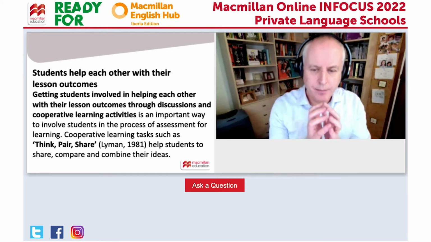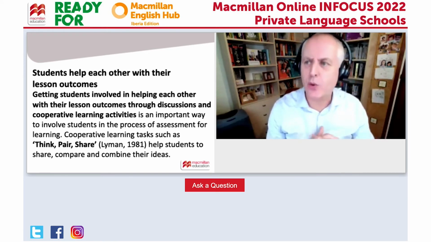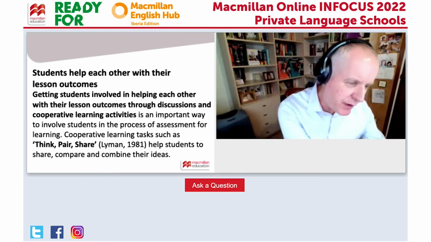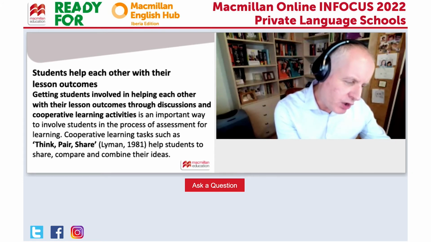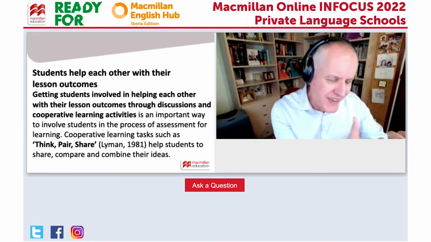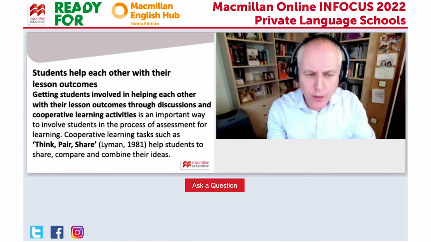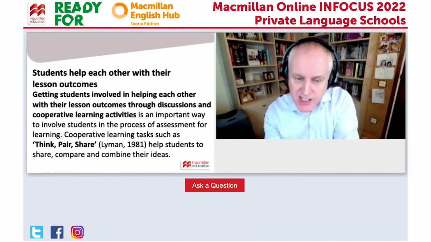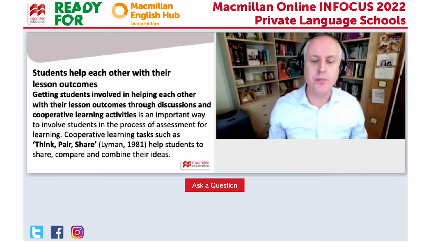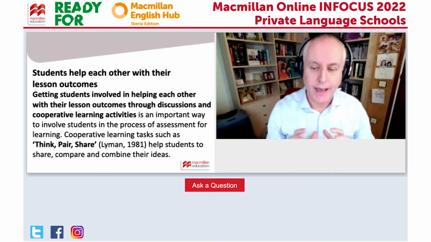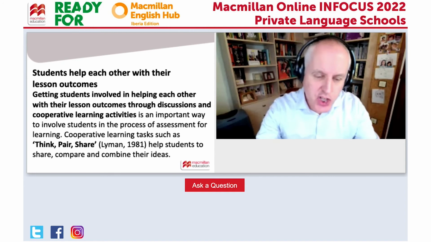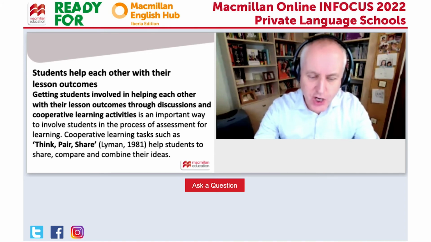And just finally, the last thing that we're going to come to is, so we've looked at how the teacher can get this immediate feedback through a review of learning, these questions, and also through these exit tickets. We're going to look at one thing that we can do for students working together. So this peer assessment, which you mentioned earlier, can be done through discussions and cooperative learning activities such as think, pair, and share.